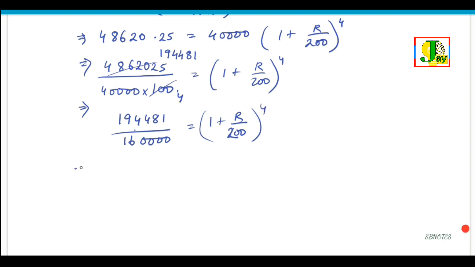So this one is 21 power 4 and this one is 20 power 4.